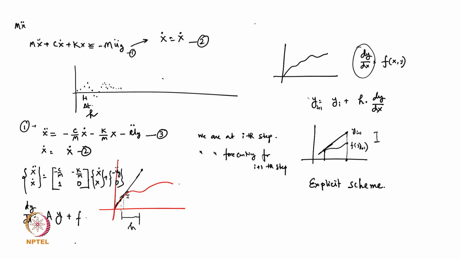Now x double dot is there, so it must have another, its lower version, that is x dot. That's why I said x dot equal to x dot is the other equation. You can always take x dot equal to x dot, and that second equation allows you to have the second row of the equation.